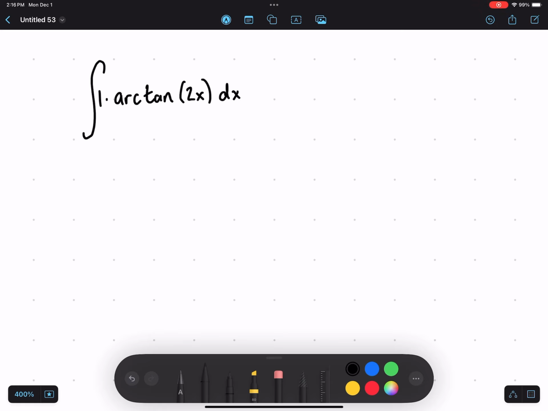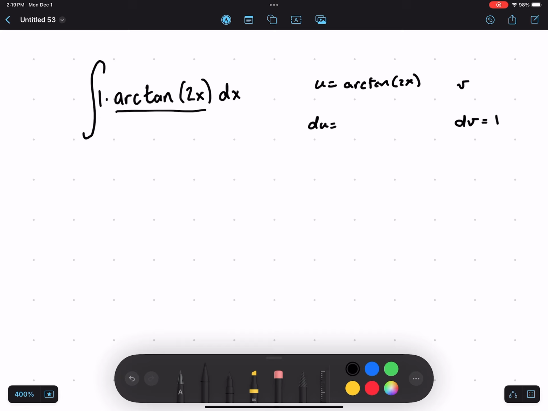And so to start working this out, we need to make our map of u, du, dv, and v. So we'll start by identifying which quantities we'd like to use for which circumstance. And in this particular question, I'm going to use arctan 2x as my u. So we'll let u equal arctan 2x, and then we'll put down a little spot for du there, and we'll say that dv in this case is just 1.